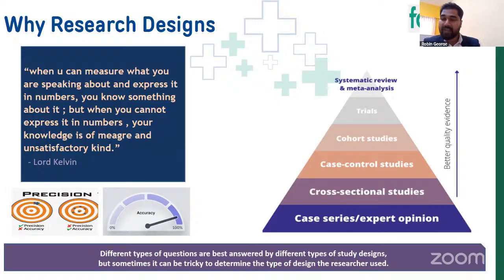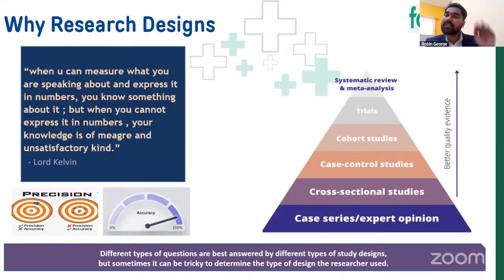At the basic level, we have the case series or even expert opinion, or case report, and cross-sectional studies come up. Then come the case control study, cohort study, and trials. The trials are randomized controlled trials. At the pinnacle of the pyramid we can see the systematic review or meta-analysis, which is the top-notch evidence-based research. It gives the strongest evidence.